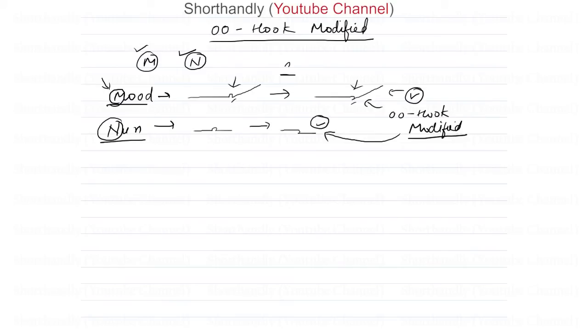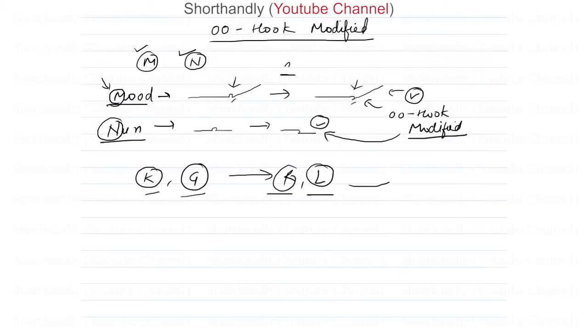In the same way, whenever we have this K or gay, and we have to use this U-hook after these, and we have this R or L after these hooks, it simply means that whenever we have K or gay, then U-hook, and after that we also have R and L, again we're going to be using this U-hook modified.